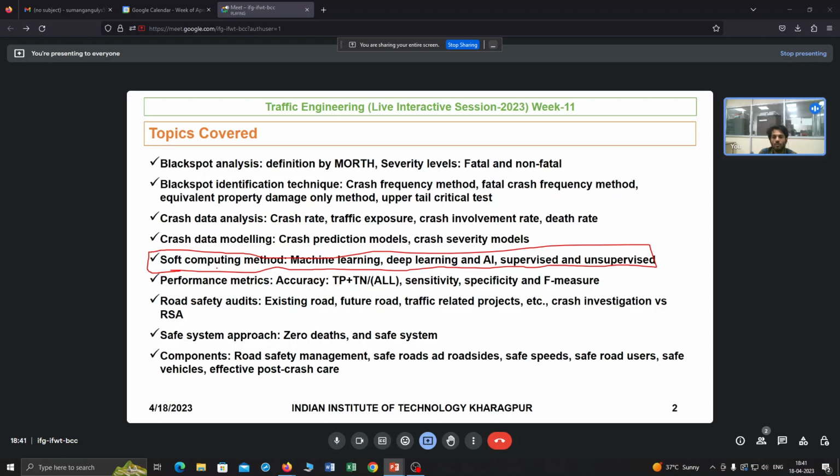So first, you have to build the road in a safer way and install safety devices, so road safety management plays a big role. Then you have to impose safe speed limits. I have to decide what the safe speed limit is, and your road should not lead to the death of vulnerable road users. So you have to make your road users safe, particularly the vulnerable users. Then you have to make your vehicles safer.